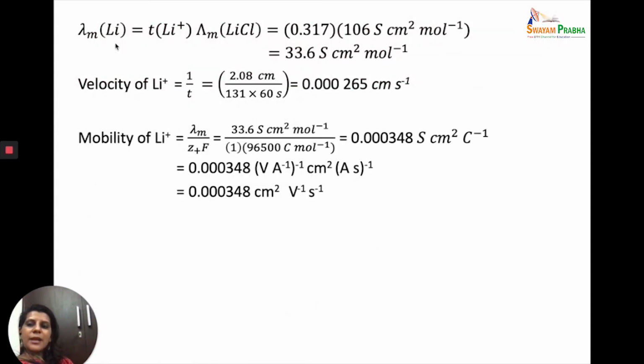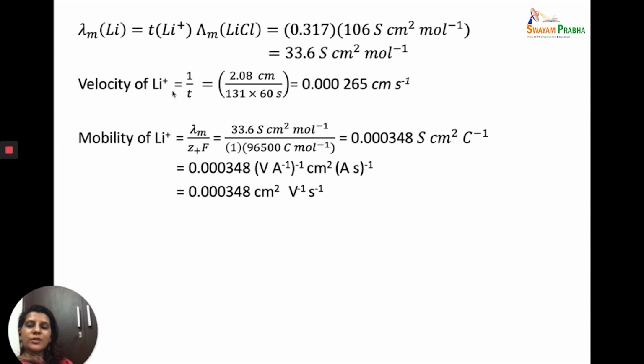Now lambda m of Li plus, which is that of the ion, can be found out using the formula transport number into molar conductivity of the electrolyte. So you multiply the molar conductivity of the electrolyte with the transport number and you get the value of molar conductivity of the lithium ions.